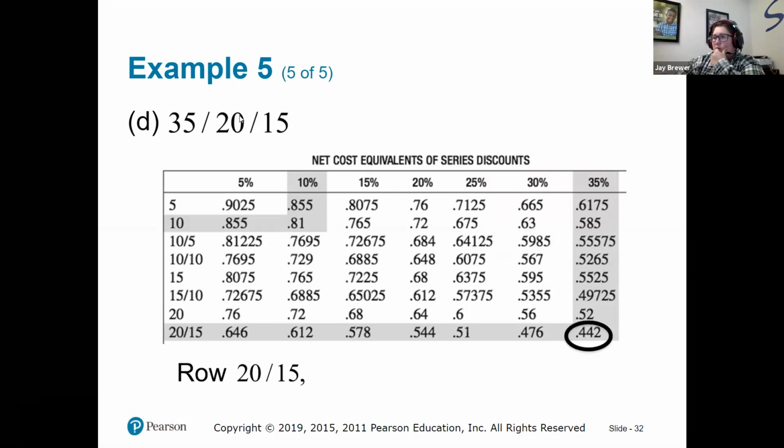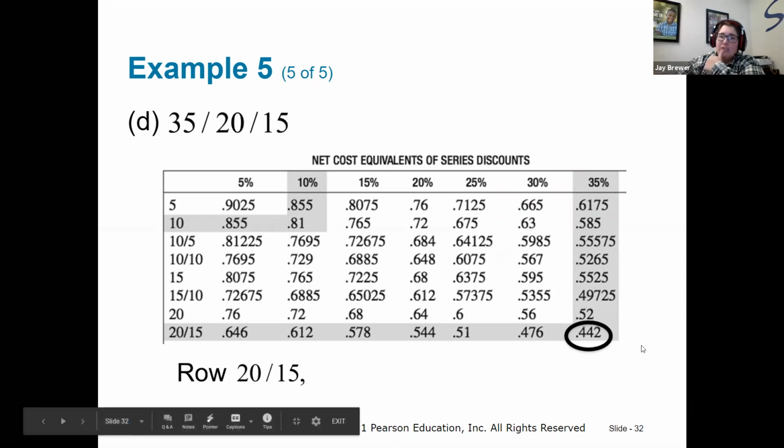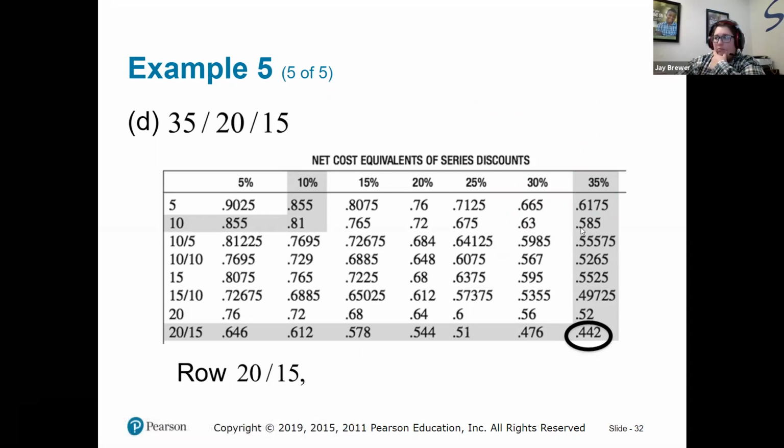Oh, so apparently it doesn't matter the order. Like you can also start up here. 35, 20, 15. Okay, so I think that was cheap. That was very cheap of them. They did not let us know that we could start at the top. All right. So 0.442 for that one.